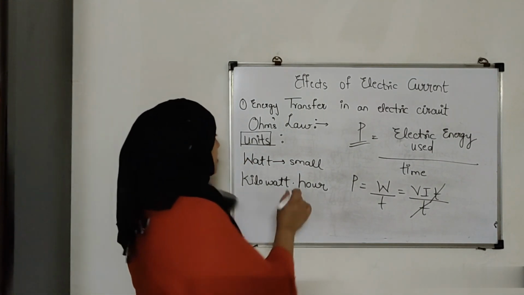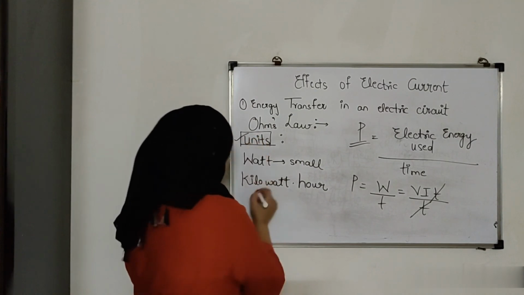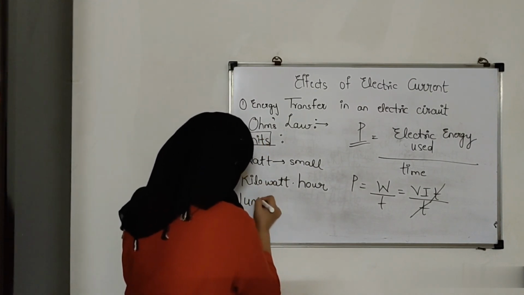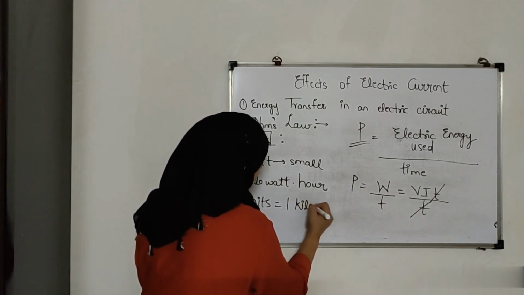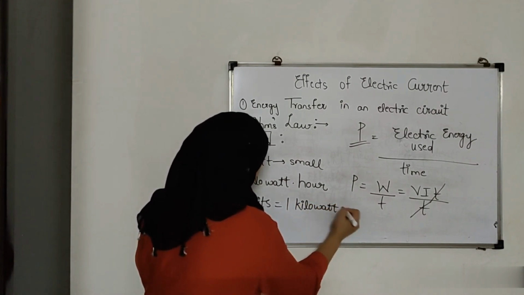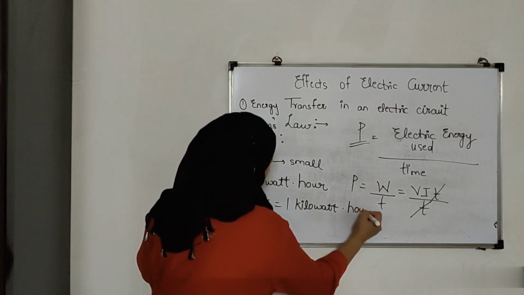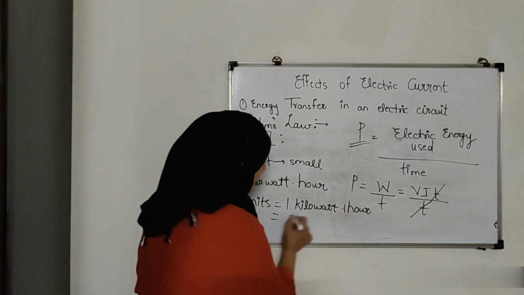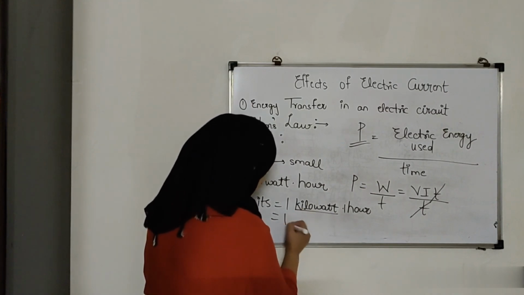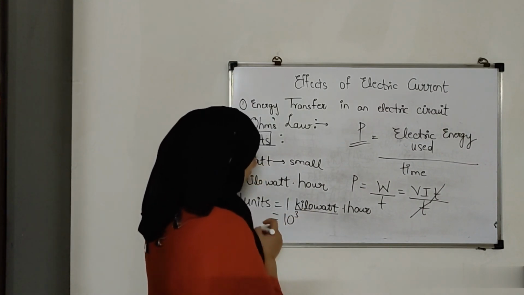Electricity bill is counted in units, and 1 unit is equal to 1 kilowatt into 1 hour. That means kilowatt is 10 raised to 3, right?